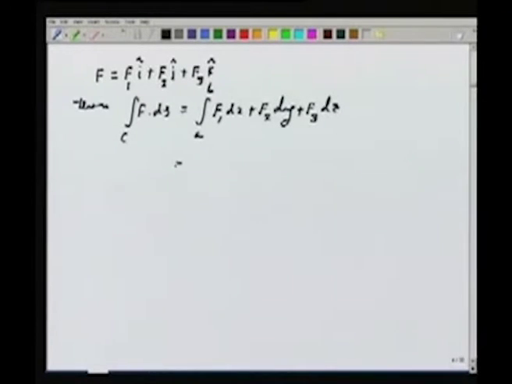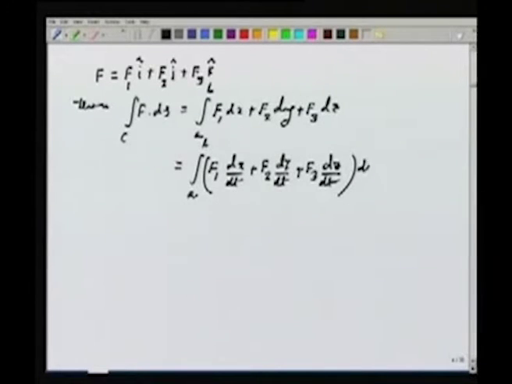What it means is, it is the integral a to b of f1 dx/dt plus f2 dy/dt plus f3 dz/dt, and then dt.